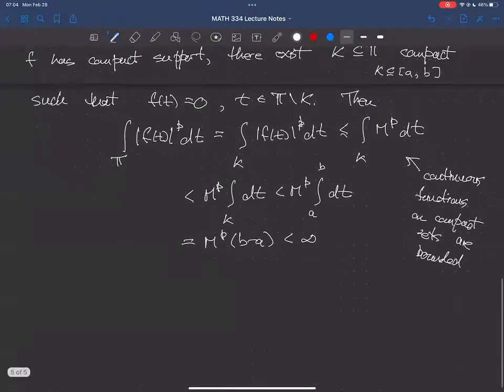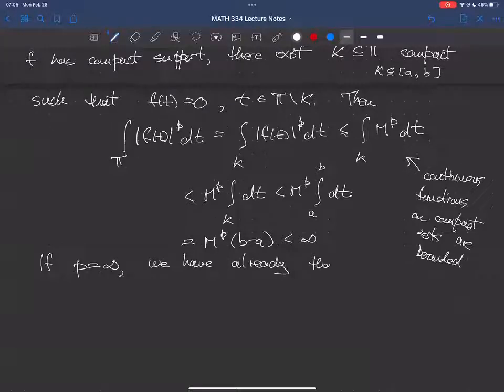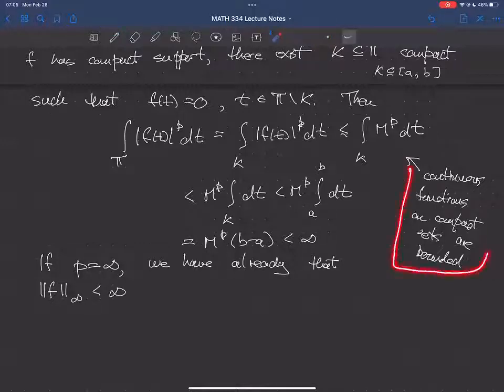Now on p equals infinity, well, I've already done the p equals infinity case, just by this fact that I've already used, that continuous functions on compact sets are bounded.